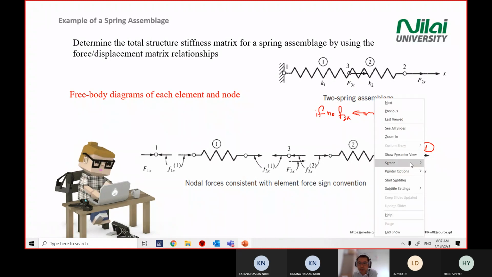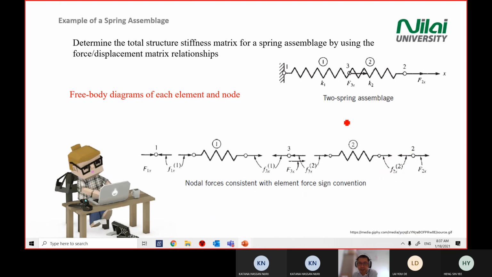So you continue with the diagram. What you do, you start with 1, 2, 3, and then you go to element 2, you look at point number 3, you have a force there. You have a force F3x. F3x goes to the right. So what you do is just copy the direction of the force given.